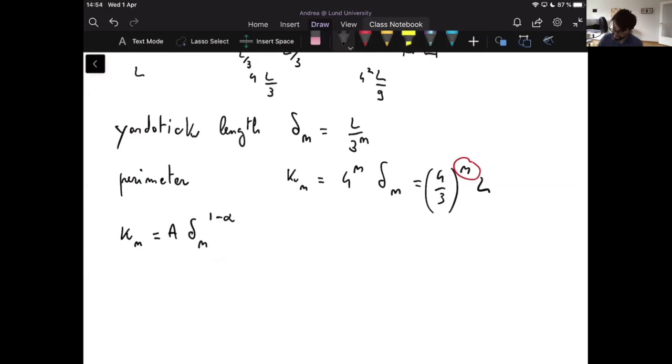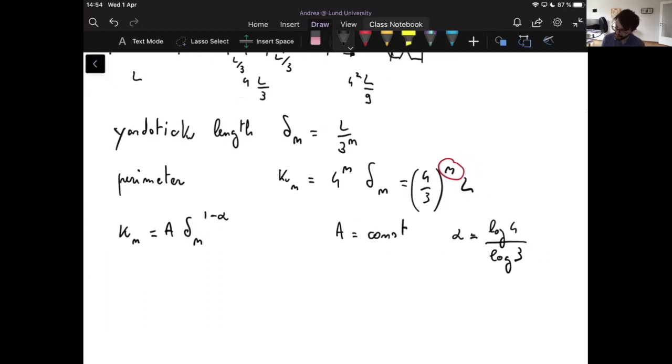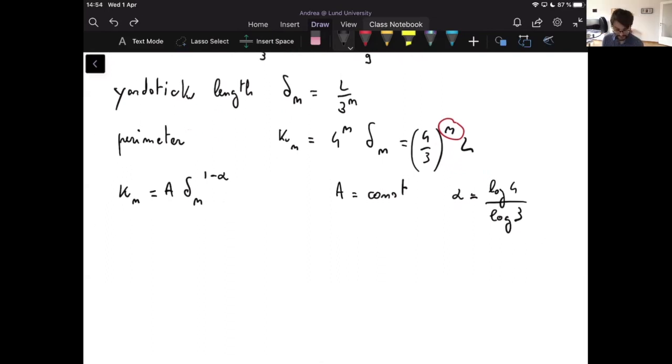So here you say that A is a constant, and then you will see that for the Koch curve, alpha is equal to log 4 divided by log 3. So you can go from here to here, of course, but it's a pain and a half because you have to juggle logarithms.